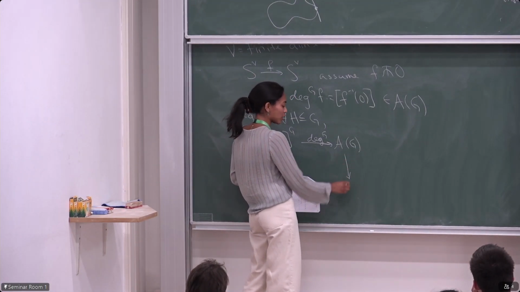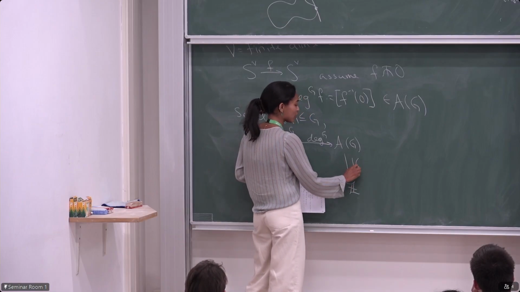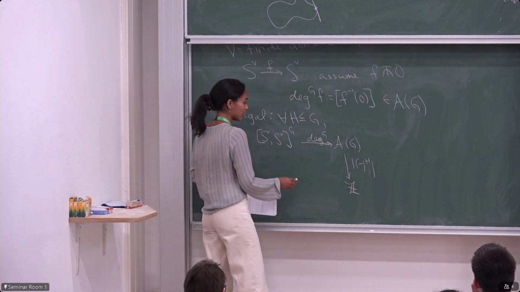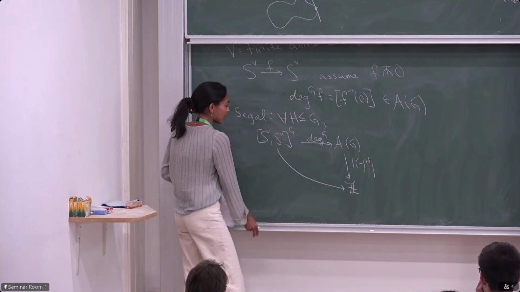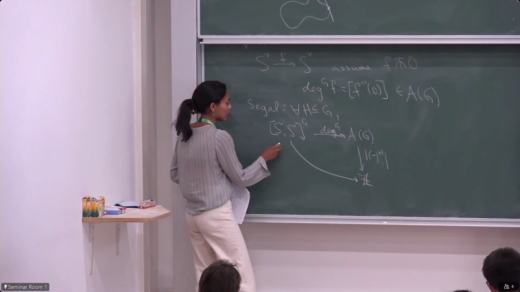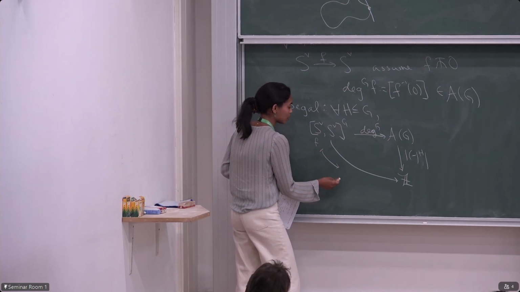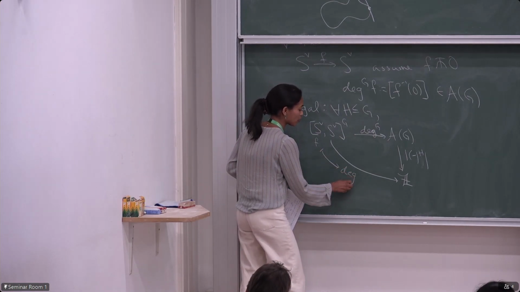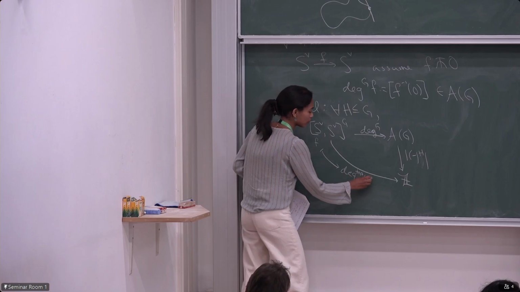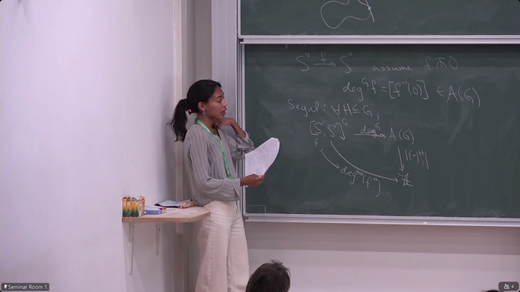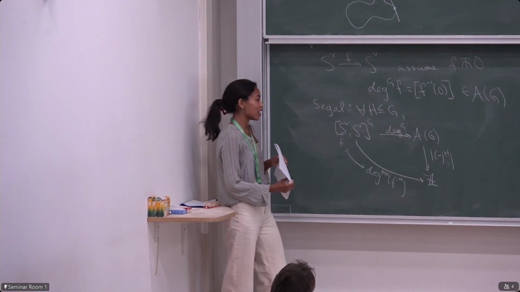And you can get an integer by taking the cardinality of the H-fixed points. And it's the same integer that you would get if you took your map f and mapped it to the topological degree of the map on H-fixed points.